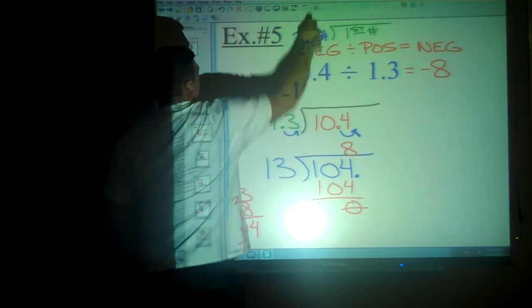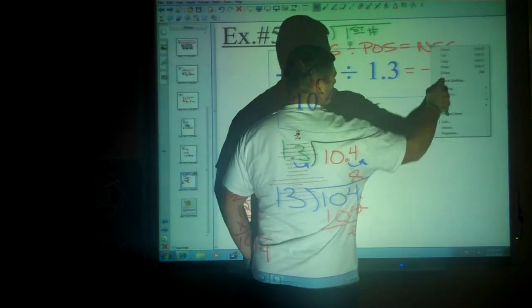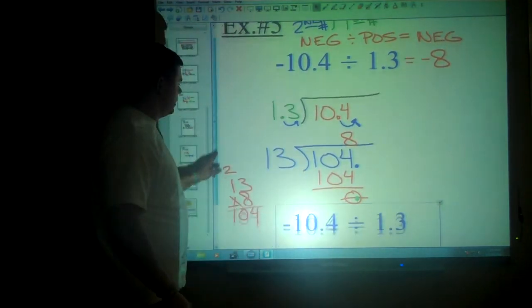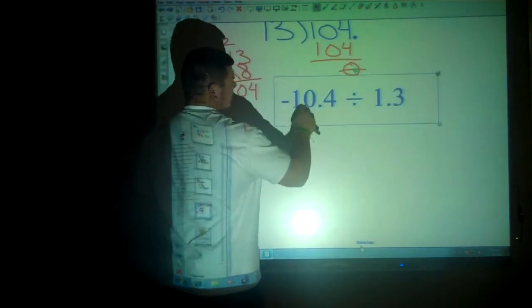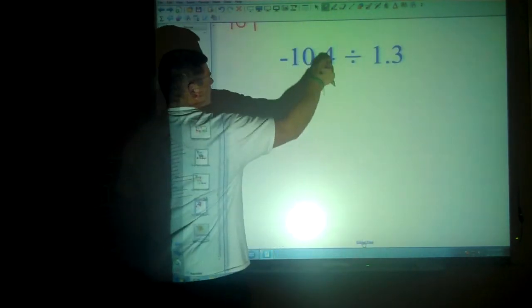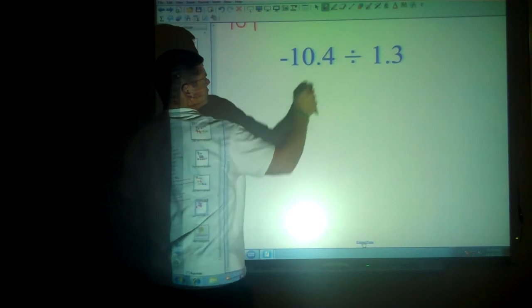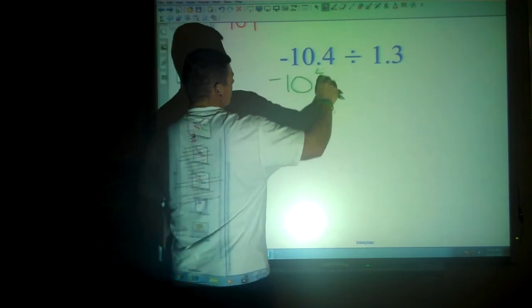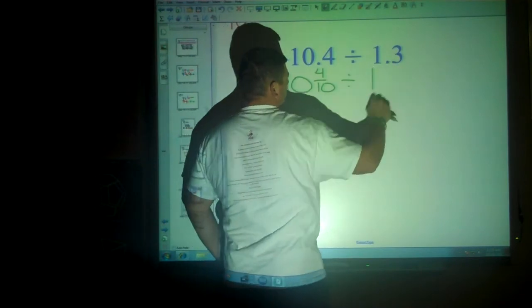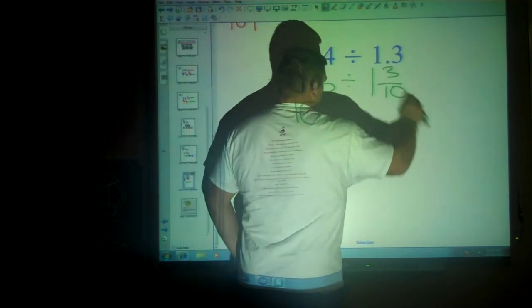Now if I take this value here, and I clone it, and I'm going to look at it again, similar to what we've been doing. This negative 10 and 4/10. That's in the tenths place, and there's 4 of them. So this is negative 10 and 4/10, being divided by, that's a 3 in the tenths spot, so that's 1 and 3/10.